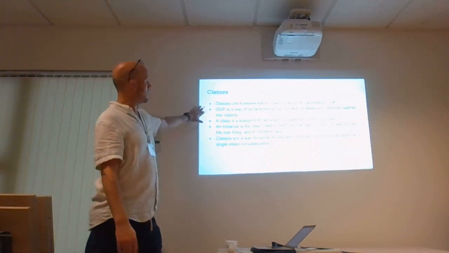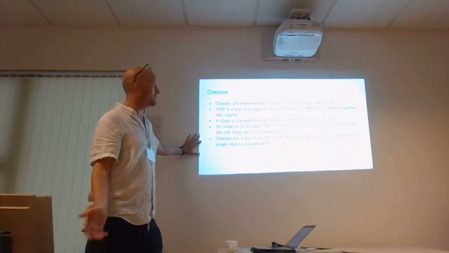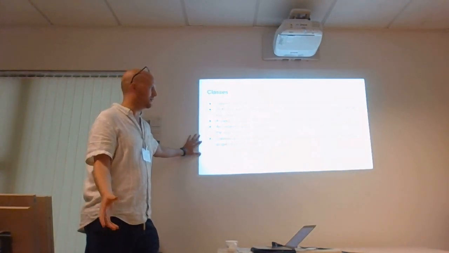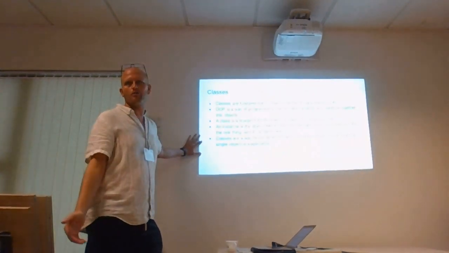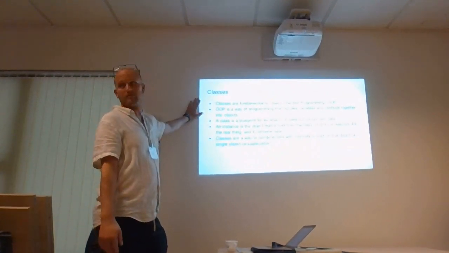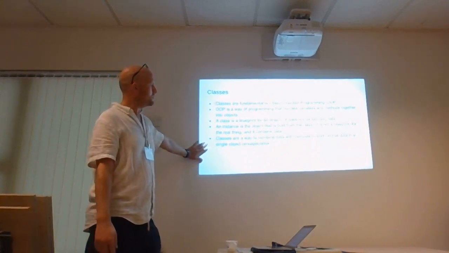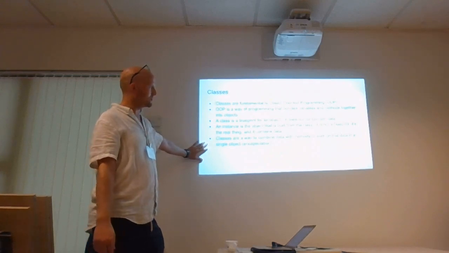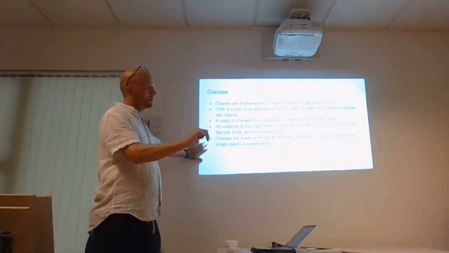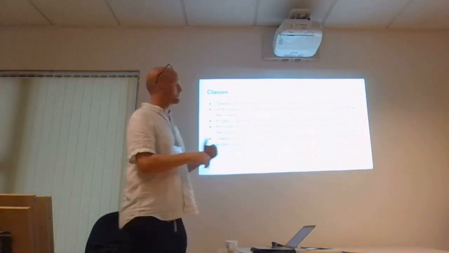So kind of just coming back to this second point, classes are a way that you can combine data with methods to work on that data in a single object. So not only can you have variables, you can also have what's called, in object-oriented programming, which I'm going to refer to as OOP, in an OOP paradigm, that's called encapsulation. In OOP they sometimes refer to functions as methods.